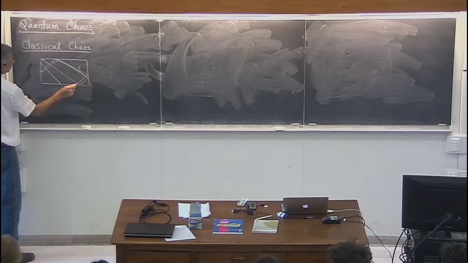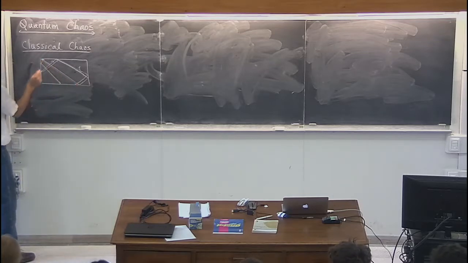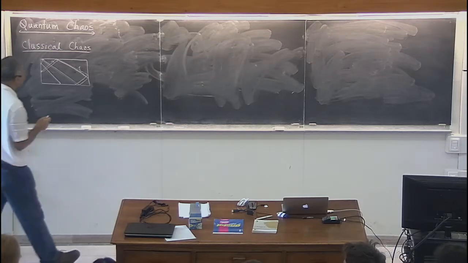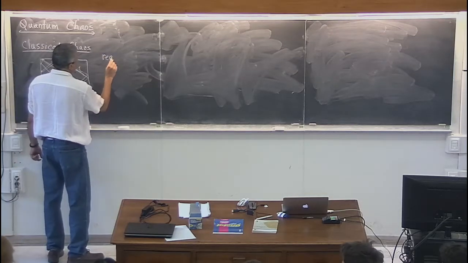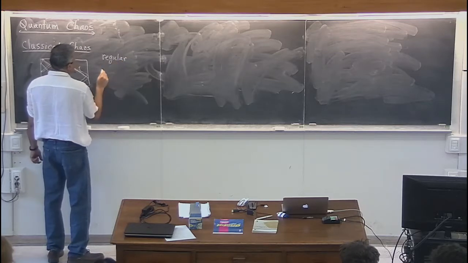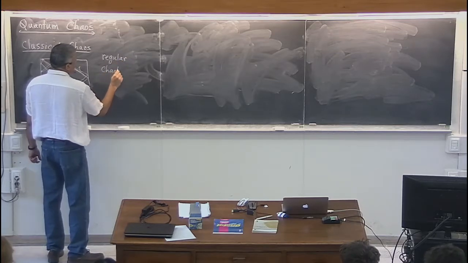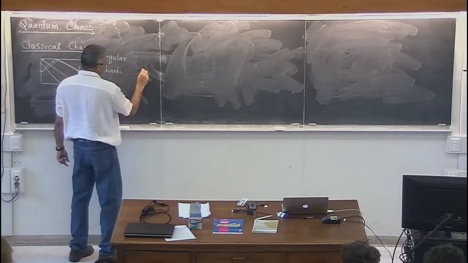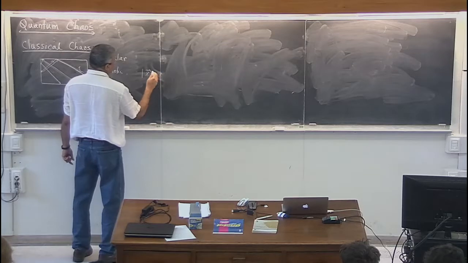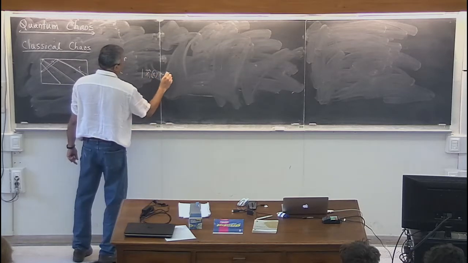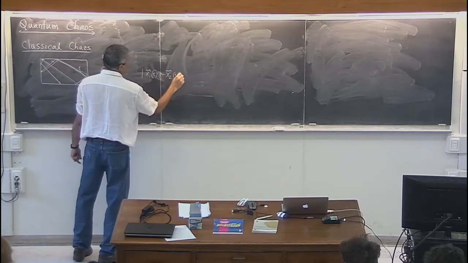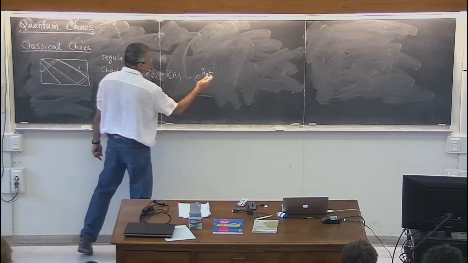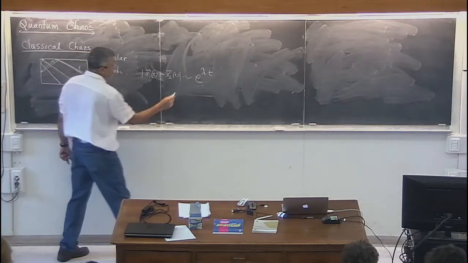The idea of chaos is that if these two trajectories stay close together, then you call the system regular, and chaotic means that the distance between them will diverge exponentially. So if you look at the norm of x1(t) minus x2(t), it will increase exponentially with some lambda. This lambda is called the Lyapunov exponent.